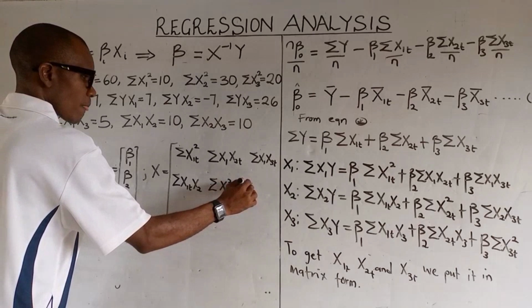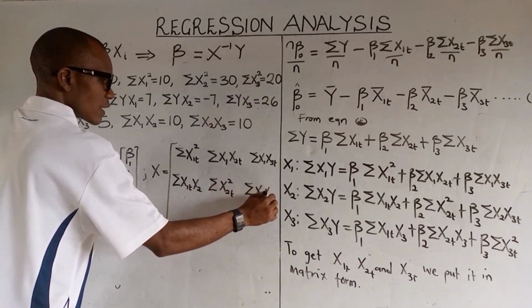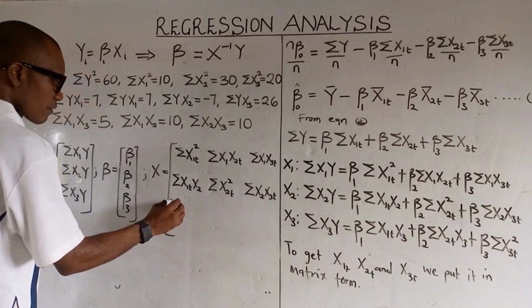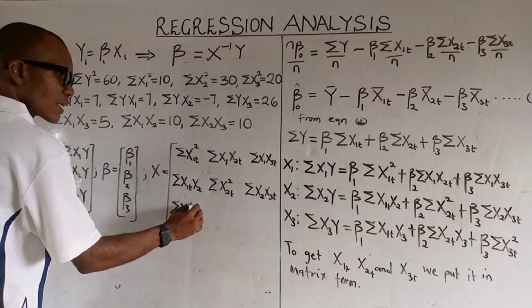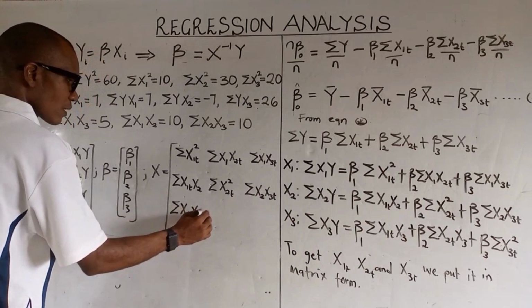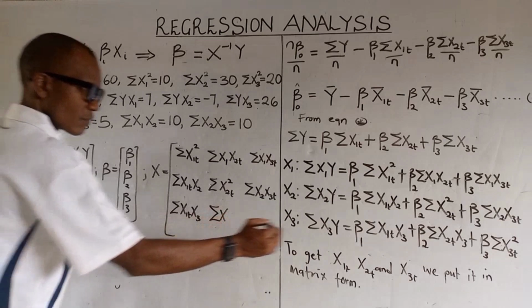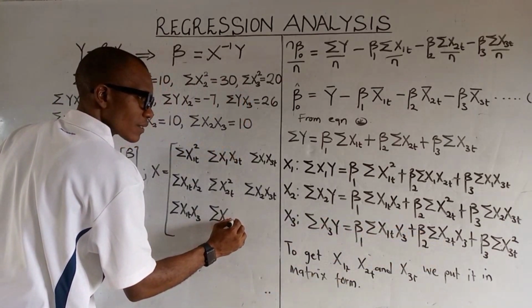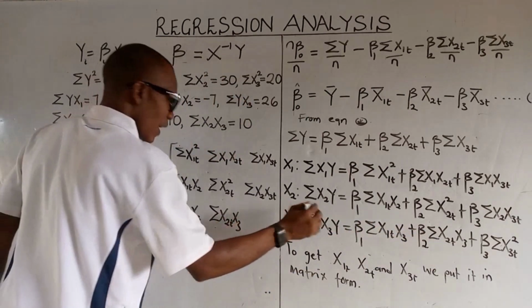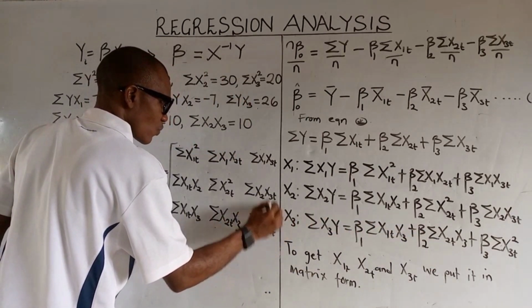Here we have summation of x2, x3t. Here we have summation of x1t, x3. Here we have summation of x2t, x3, and the last one we have summation of x3t all squared.